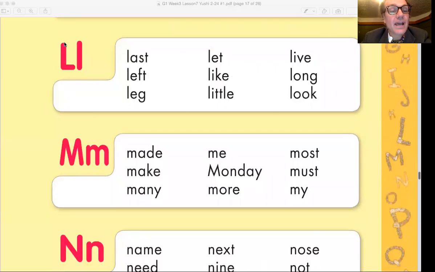Here's the L with a capital L and a small l. Let's read these. Last, try to say it before me. Left, leg, let, like, little, live, or you can say live, either way, depending on the context. Long and look.